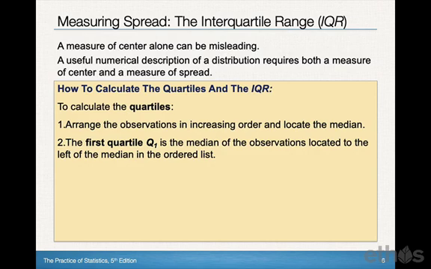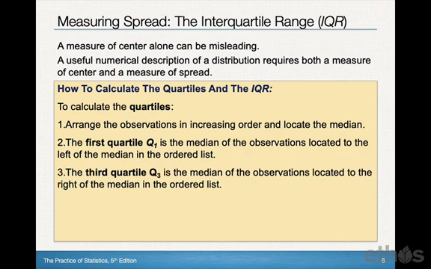So if you will, the first quartile, I like the way they define it here. Q1 is the median of the observations located to the left of the median in the ordered list. So when you have an ordered list data set, you put all the data points in order and you count, you find the median of the entire data set. Then you look at the items to the left of that median, and Q1 is going to be the median of just the left half.